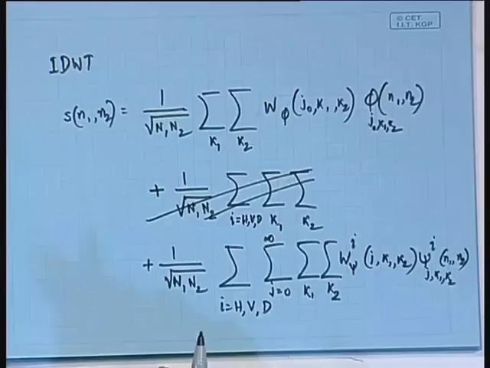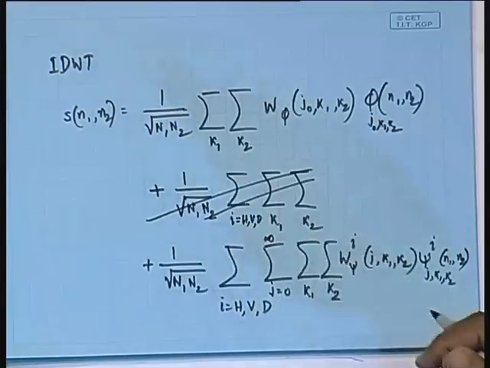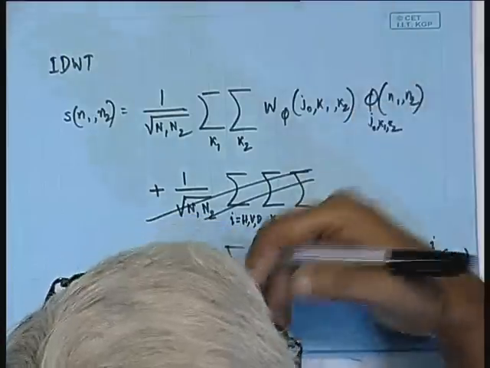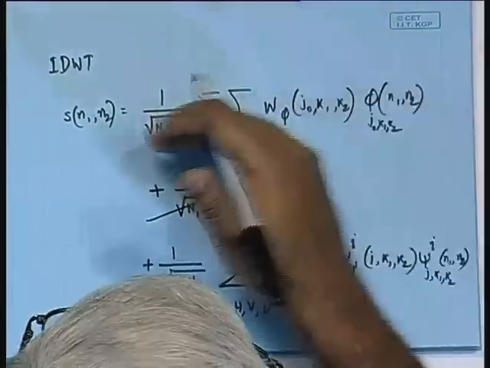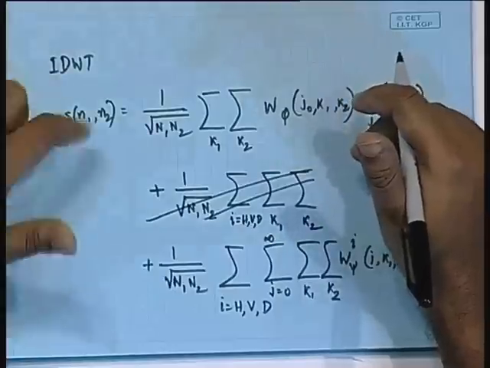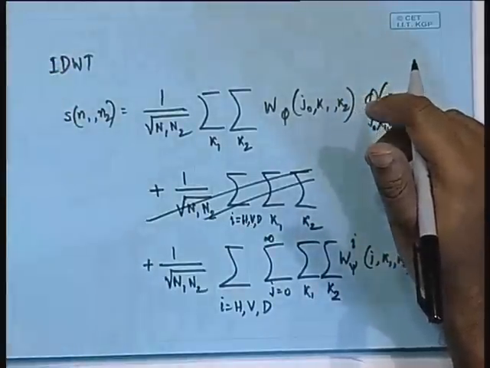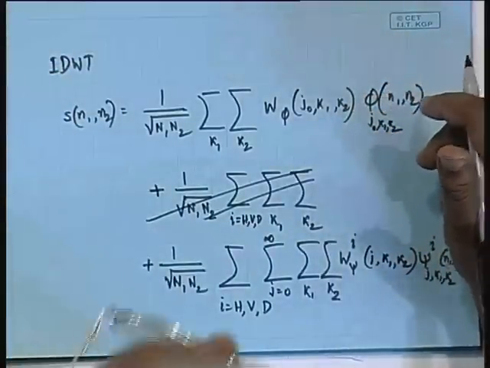Okay. So, if we do this entire summation process and add it up with the LL subband, we can recover S n1 n2, and it is S n1 n2, not S cap n1 n2 or S dot n1 n2, because we have not applied any quantization. So, the signal is exactly recoverable, as long as the filter does not do any truncation.